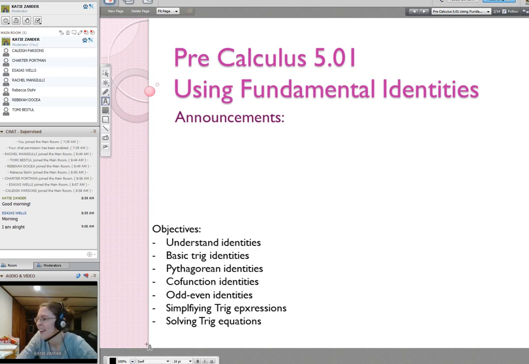That's good. All right, so as far as announcements go, I don't have anything major for you. The Unit 4 test, a couple people have started to take that and turn that in. Amazing scores so far. So I'm really impressed with how the trig unit is going, and we're going to continue that with the next unit here in Unit 5.